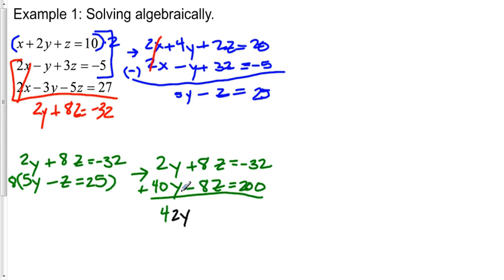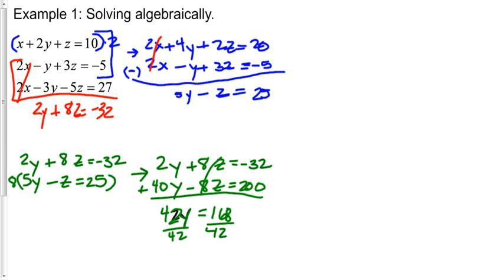These cancel out, and then on this side, we get 168. Sorry about switching colors. Now, divide both sides by 42. And we just found the y value.